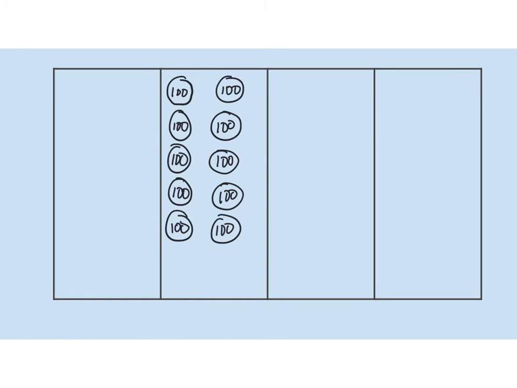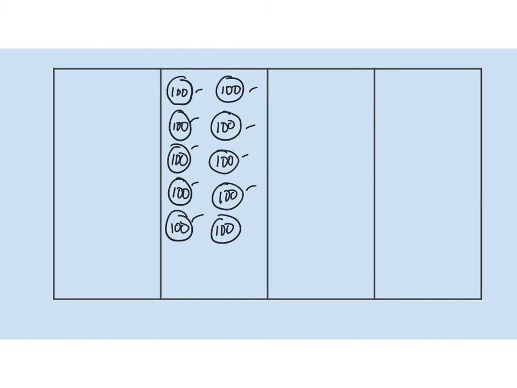Okay, so let's do this again. On this chart, we have 10 100s. Now, if we were to count these, counting by 100s, it would also tell us the larger unit that we could regroup this. So we're going to say 100, 200, 300, 400, 500, 600, 700, 800, 900.